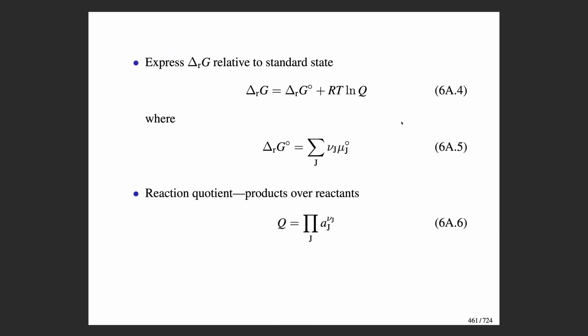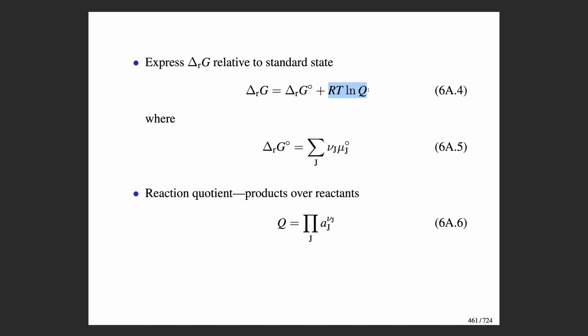And that's what's done here. So this is the first term you get. That's the delta G that we've learned how to calculate previously, the standard Gibbs energy of reaction, which we typically calculated in terms of Gibbs energies of formation using Hess's law.